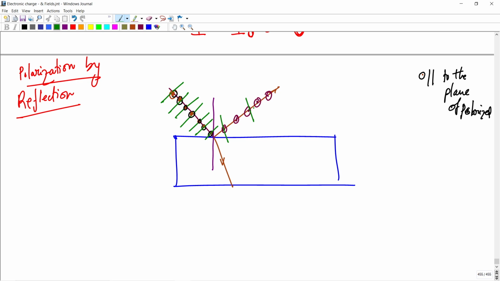So the reflected ray is partially polarized.